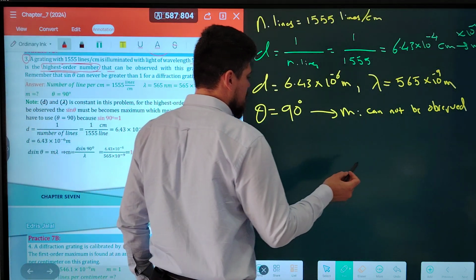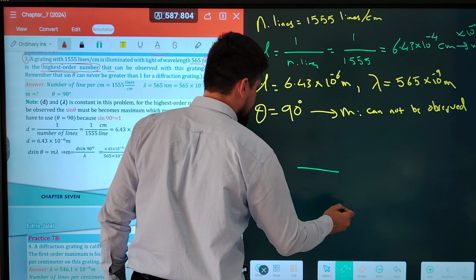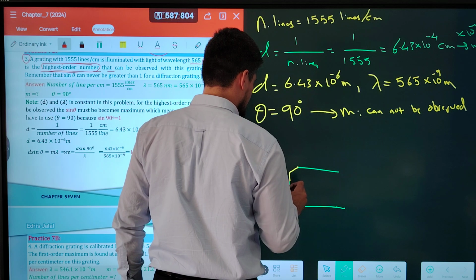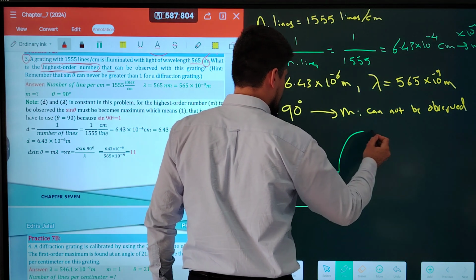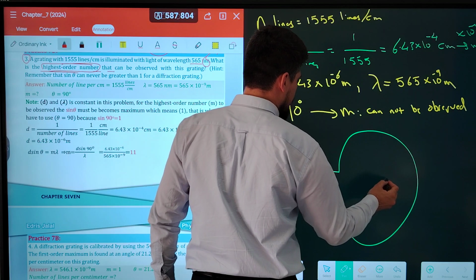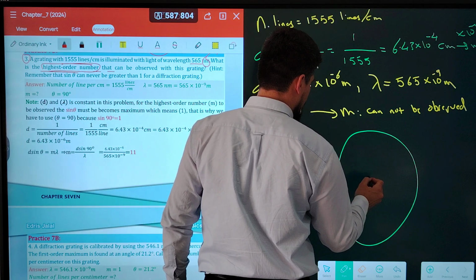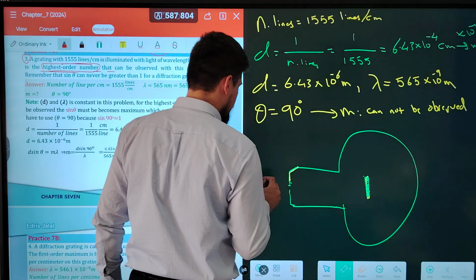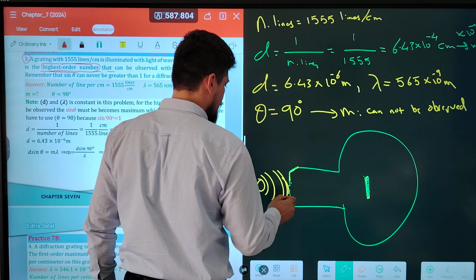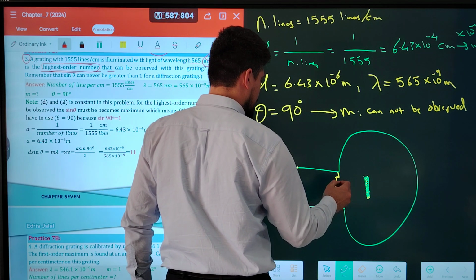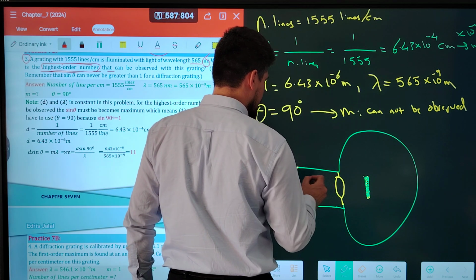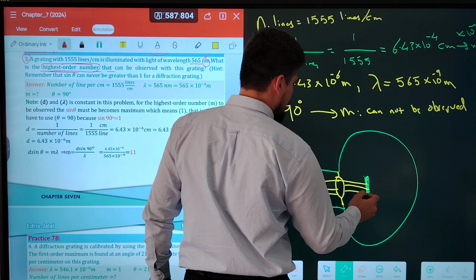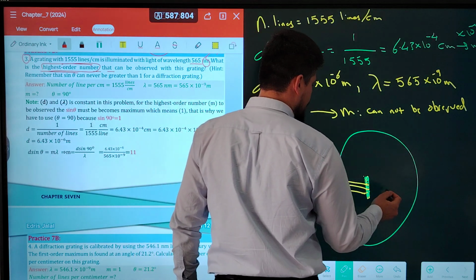Find the order number. In this case, guys, look, this is the diffraction grating, and this is the source of the light. We have a converging lens. This is the light that hits the diffraction grating.